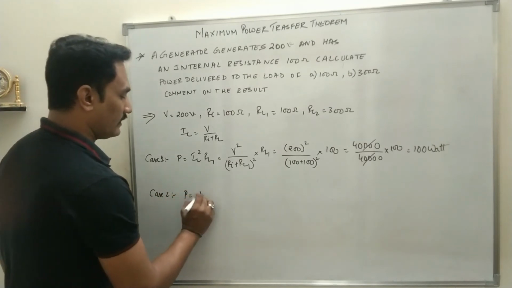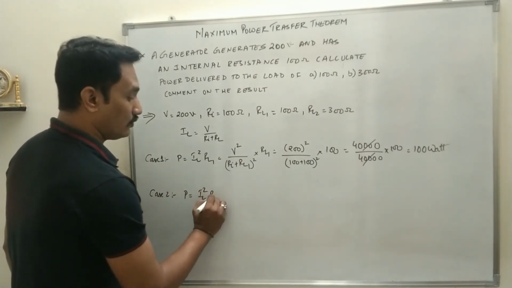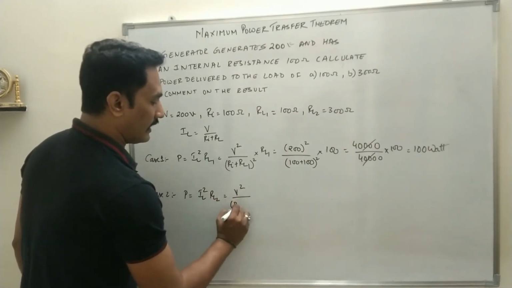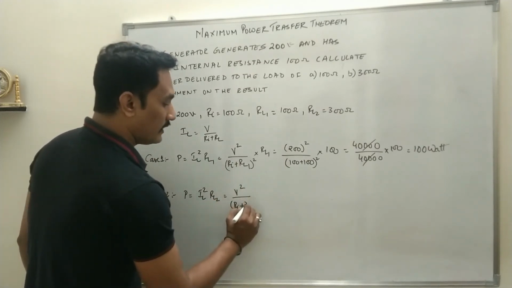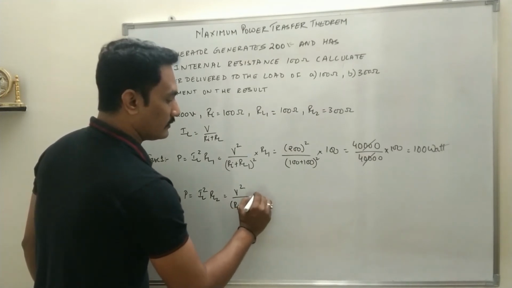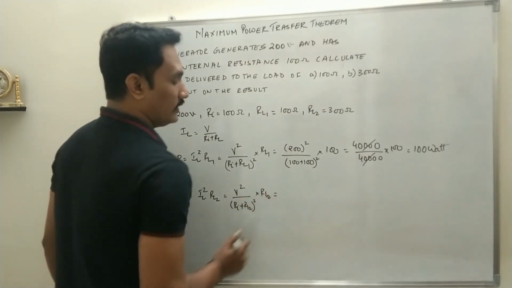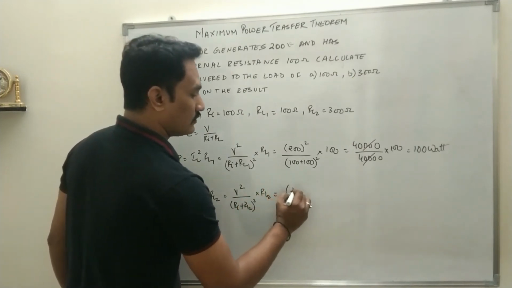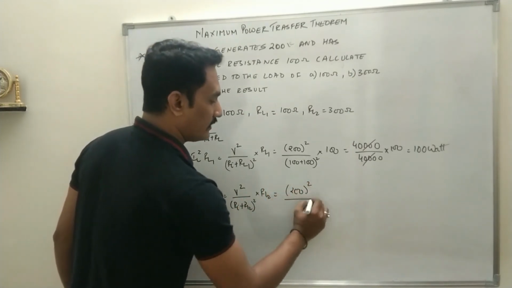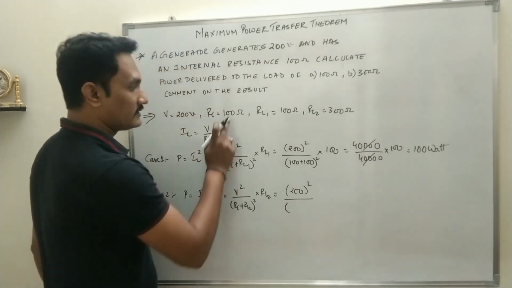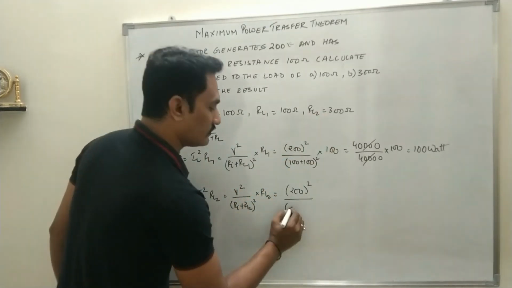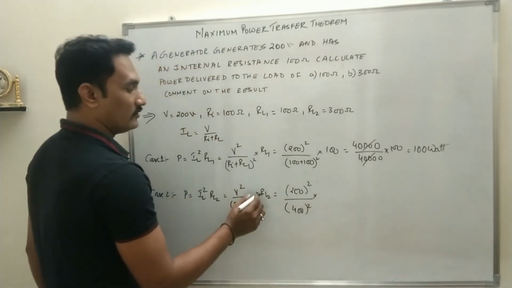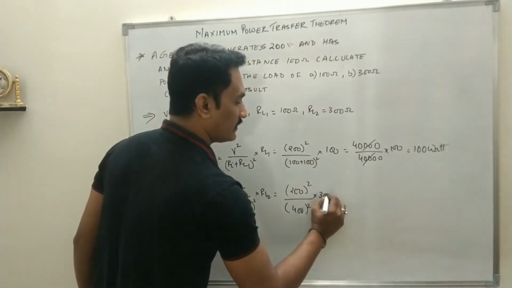P is again IL square into RL2. Now again it will be V square upon (Ri plus, now it will be RL2) whole square, multiplied by RL2. So now when you multiply, this value will be, of course, 200 square divided by, now Ri is 100 and RL is 300, so it will be 400 square multiplied by the value of RL, that is 300.